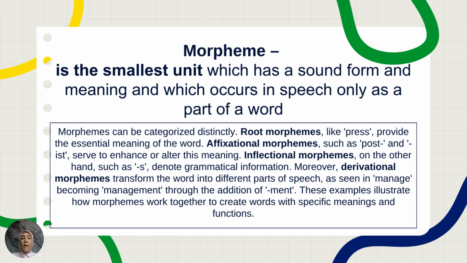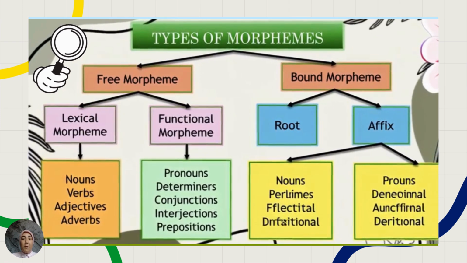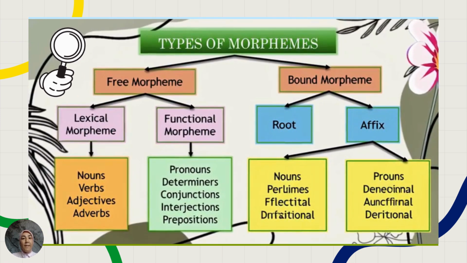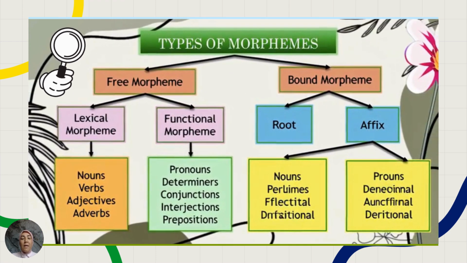Morphemes can be categorized distinctly. They can be root morphemes, affixational morphemes, inflectional morphemes, derivational morphemes. We will look at these types in our next slide. Let's go on. You can see here the animated slide which shows you the types of morphemes.